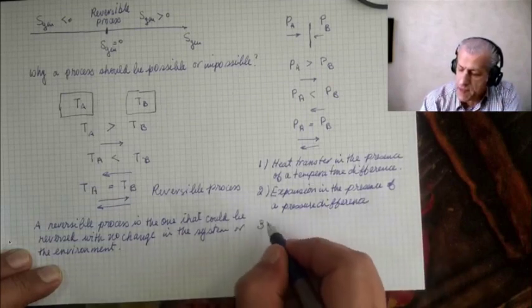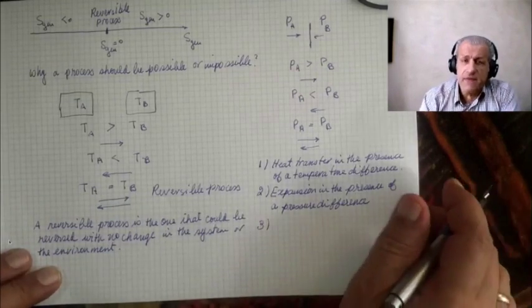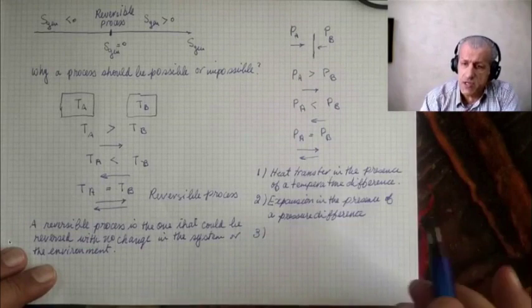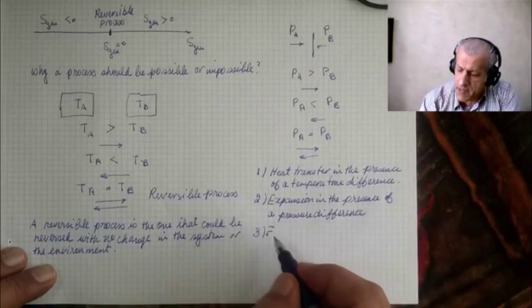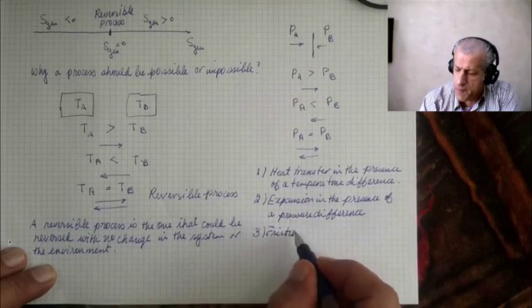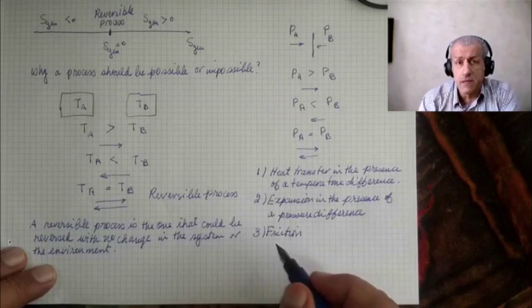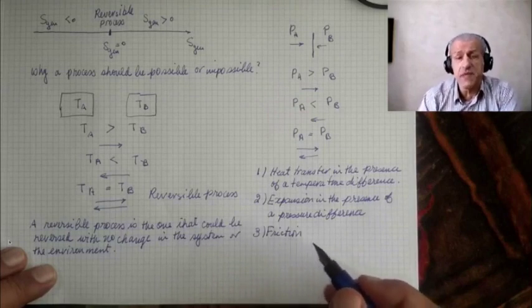The third thing that makes it always resist every process is friction. Friction is something that can't be reversed. In fact, if you reverse a process, the friction would still be there.